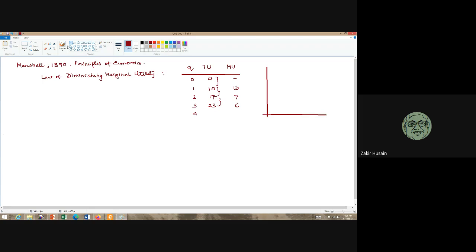Your total utility goes up like this. This is your marginal utility.